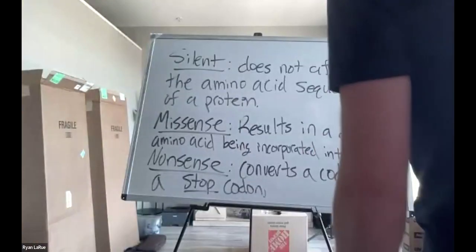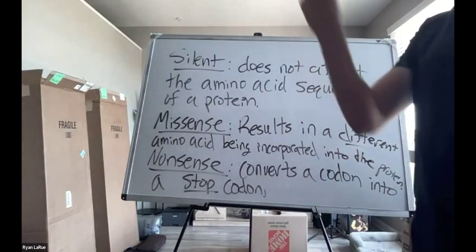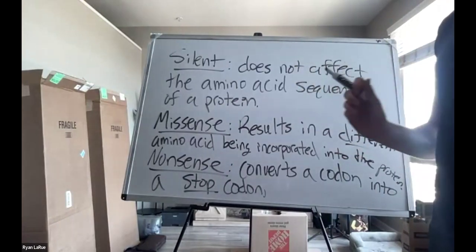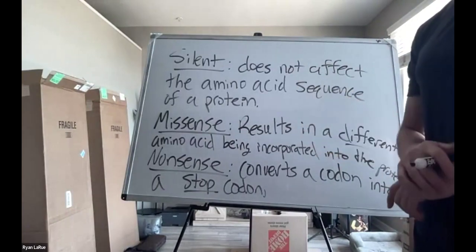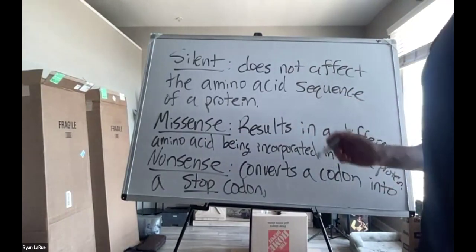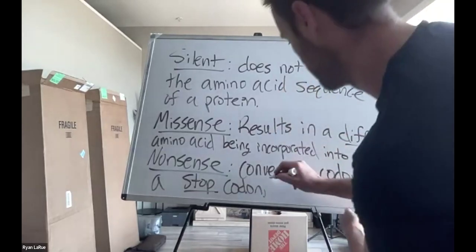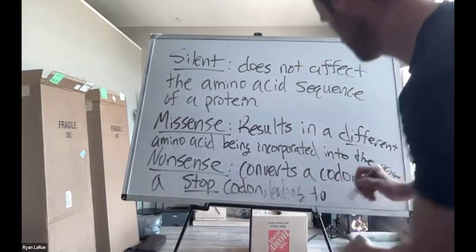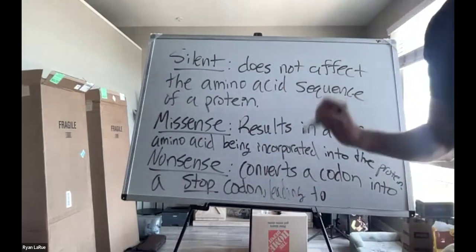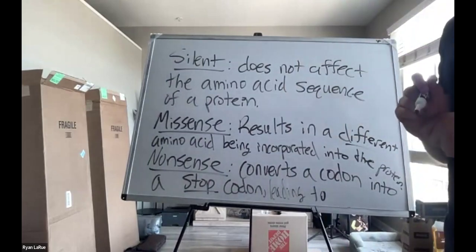And of course, a stop codon stops translation altogether. It signals to the ribosome that a protein called a release factor is brought in to stop translation altogether. And so, of course, this would lead to premature termination of protein synthesis.